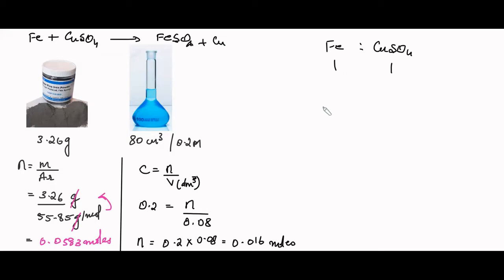Now, to find the limiting reagent, I'll use the moles of iron and the moles of copper sulfate that I've got. The moles of iron is 0.0583.